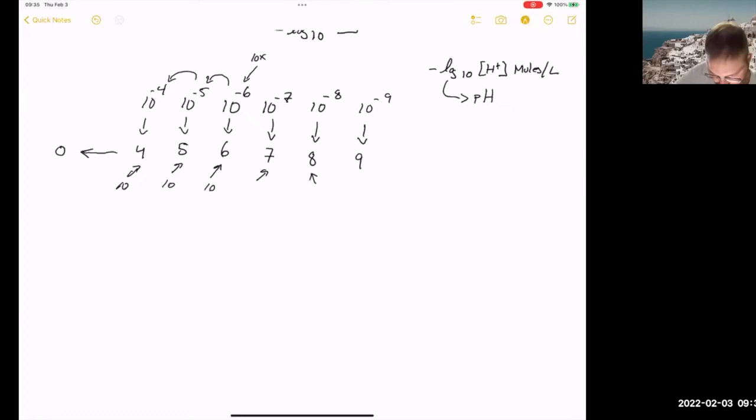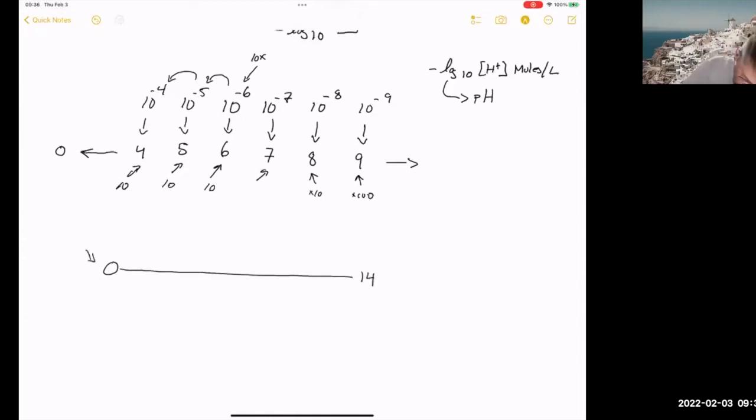Whereas a pH of 8 is 10 times more basic than a pH of 7. pH of 9 is 10 times 10 or 100 times more basic than a pH of 7, right? Moving in that direction. So this is a pH scale, and generally we say that it runs from 0 up to 14.